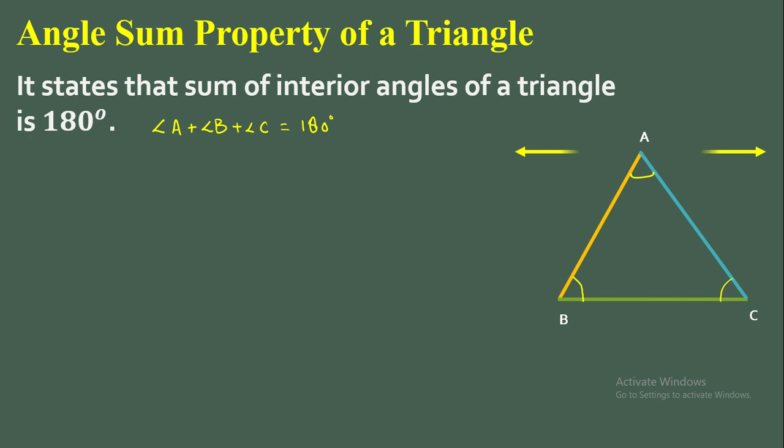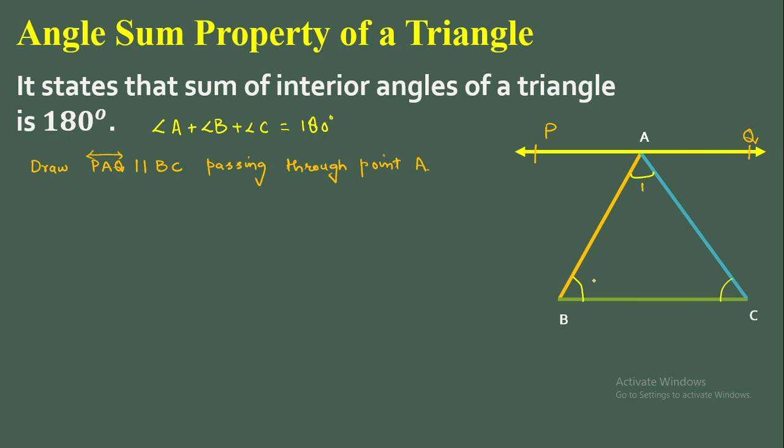In order to prove this, let's take a line. For example, here we will name this as PAQ. Let's take a line PAQ. So we will draw a line PAQ parallel to BC, and it is passing through A. Now let's name these angles that are formed here.